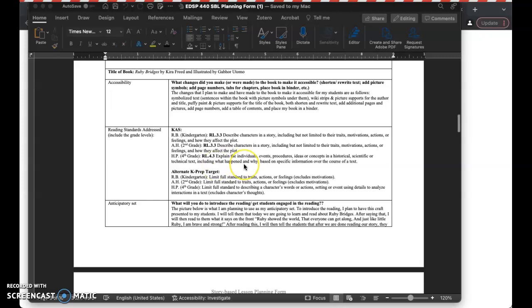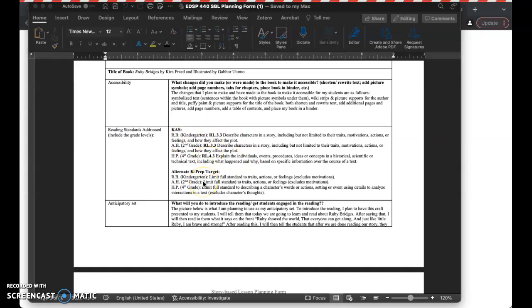Let's see. So you're going to need your alternate K-Prep standards on there as well. Okay, so what she did is she's describing how she's going to adapt this regular KAS standard up here.